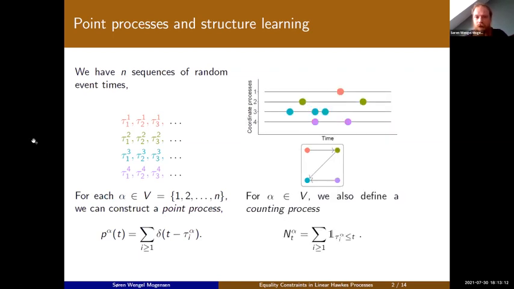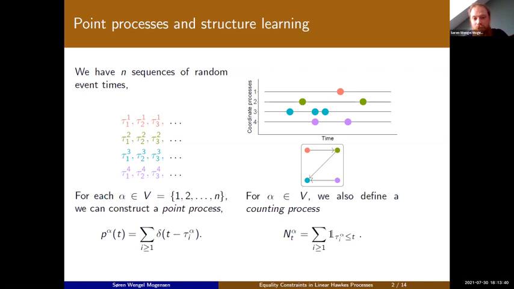In this graph, the red is in the top left and the green in the top right, and this would encode that a red type event could generate future green type events. I'll also make precise exactly what this graph means. But essentially, from some point process data, I want to figure out what the underlying data generating structure is like.